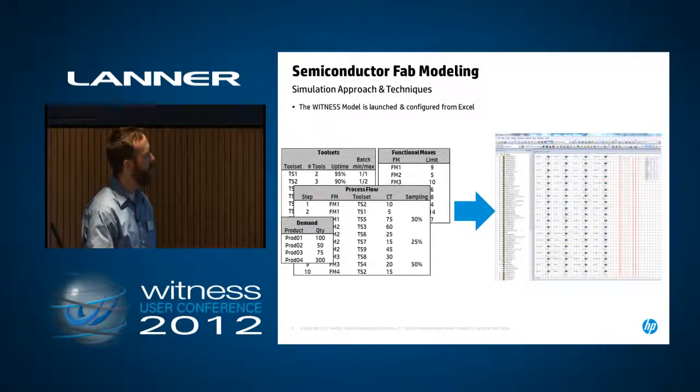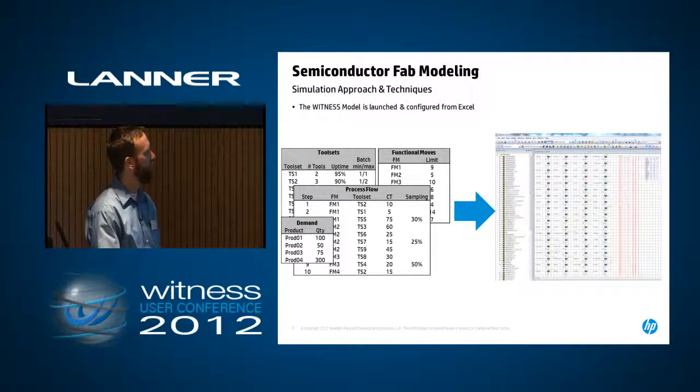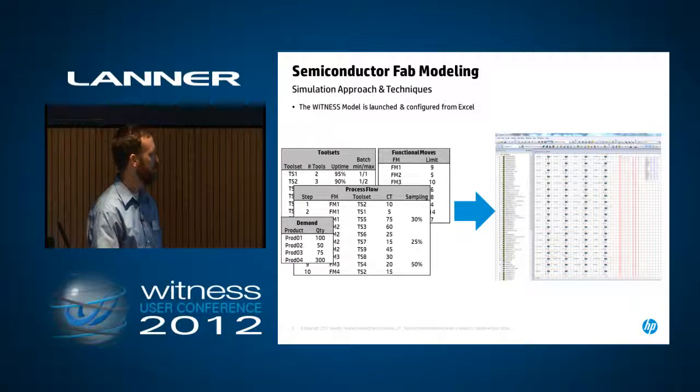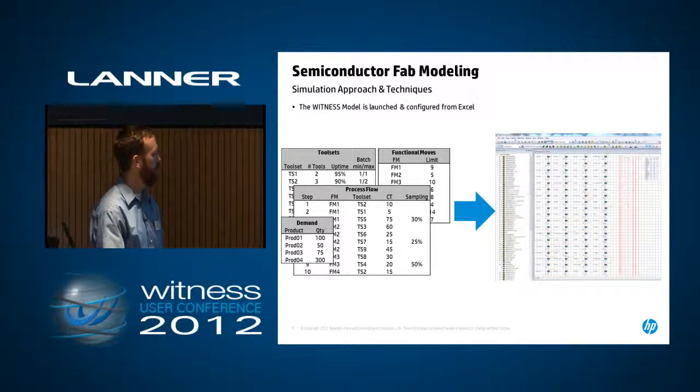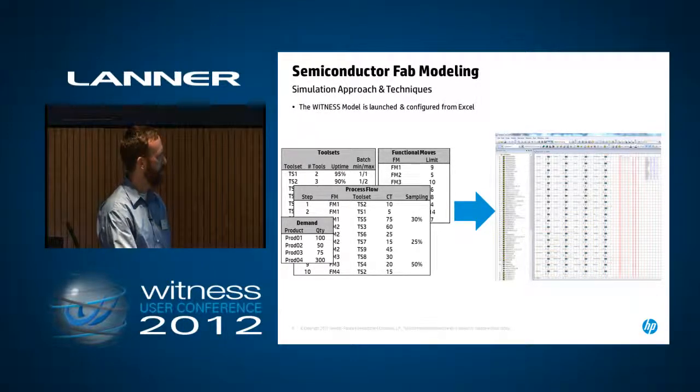Configurability, the way I handled that was I store all of this data in Excel. So all these process flows here. So you see, here's one process flow for a product.